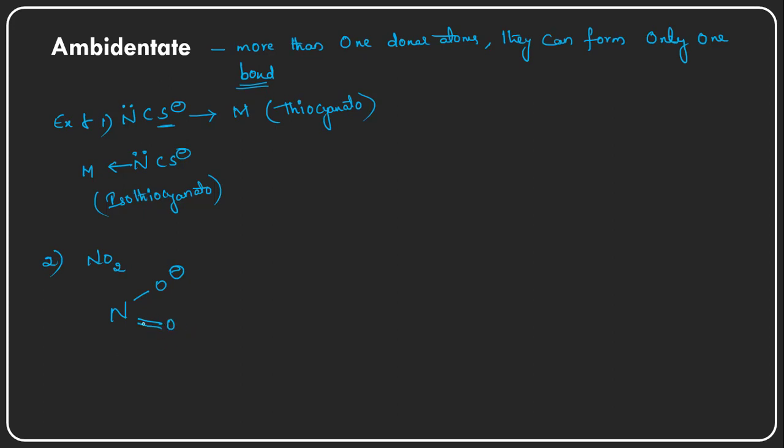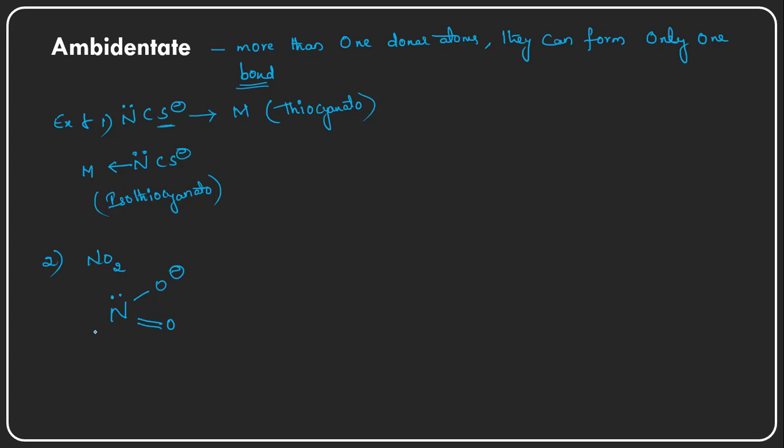This oxygen satisfies its valency with the nitrogen, so the double bond has been formed, and this nitrogen is carrying a lone pair of electrons, and oxygen is carrying a negative charge. So either oxygen can form a bond or nitrogen can form a bond, but these two cannot form a bond with the central metal cation at the same time.